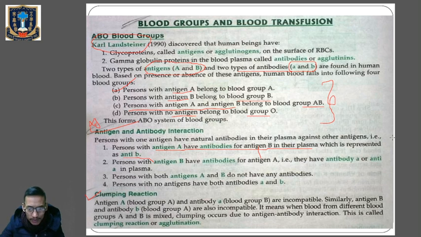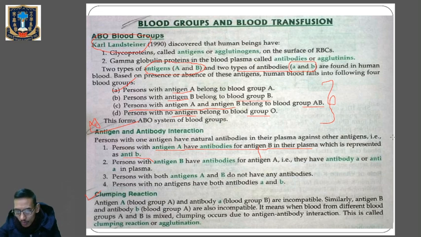So here you can figure out that antigen A, blood group A, and antibody A, blood group B, are incompatible. Why are they incompatible?